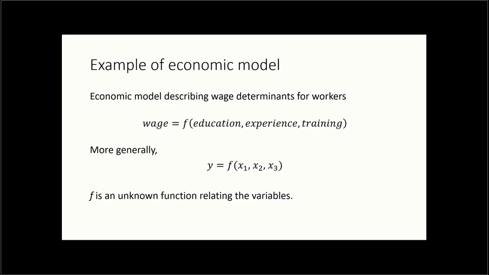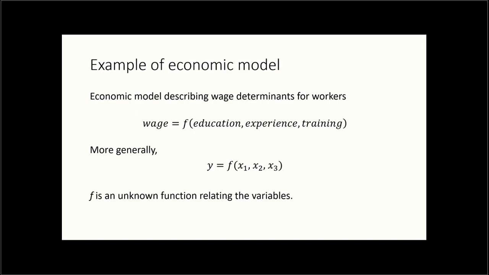So here is an example of an economic model that describes determinants of wages or salary for, say, U.S. workers. So the notation that we will use here is wage equals f, where f is the unknown function of education, experience, and training.